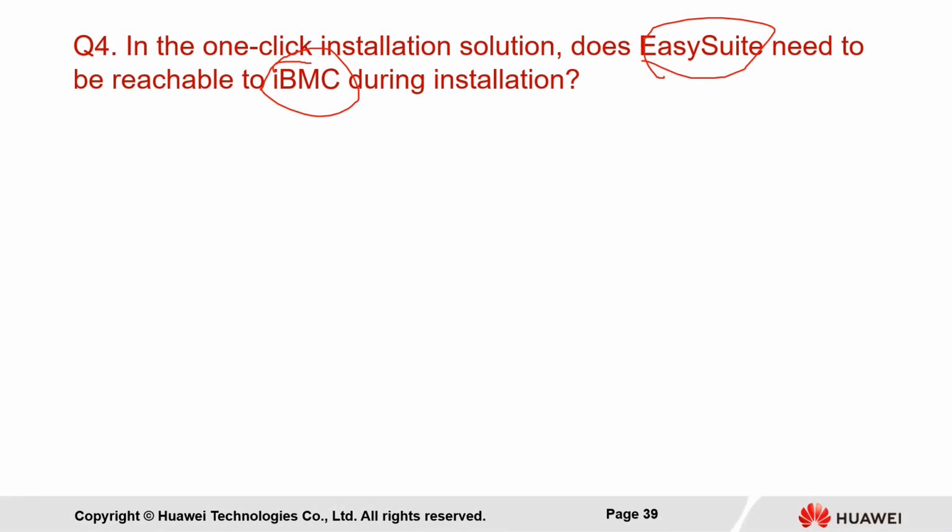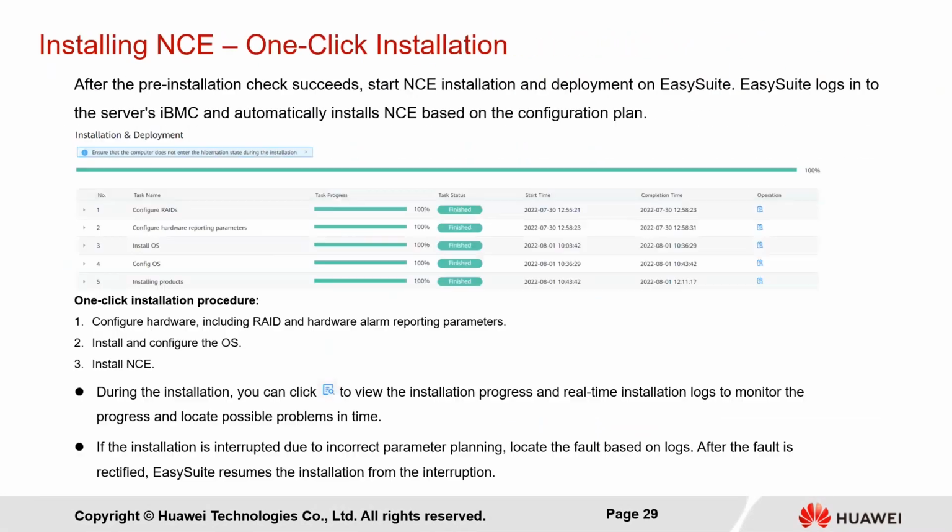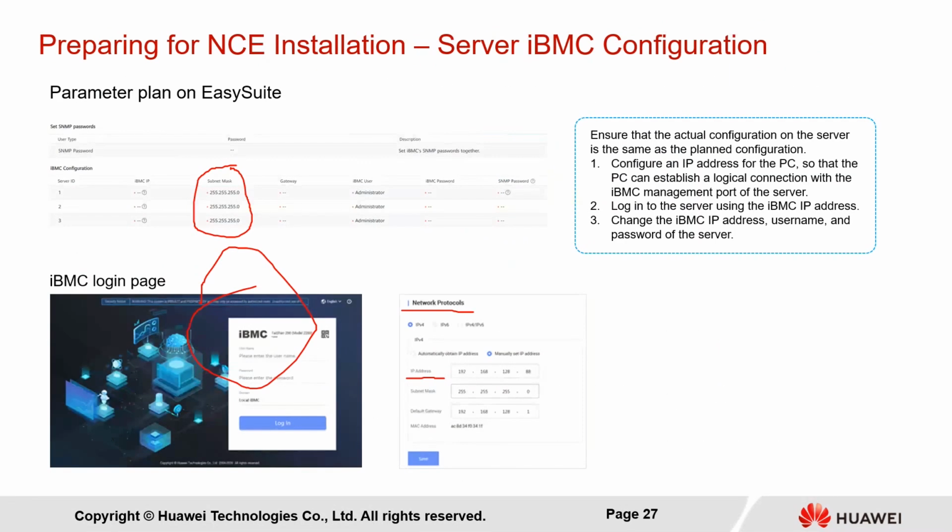Yes, they need to be reachable, and it's right here on this page. When you're putting in the IP address for the EasySwitch, you need to make sure it's the same for iBMC, the IP address and the password.